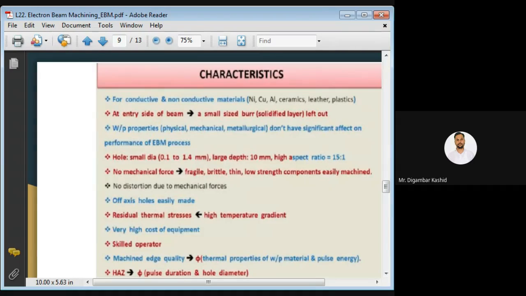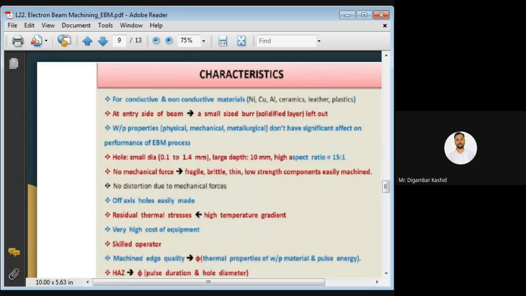Then off-axis holes can also be easily made or generated by deflecting your beam. Off axis means outside your axis. But thermal residual traces are generated because there is a huge temperature gradient.